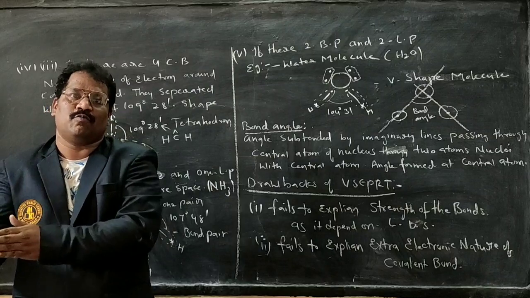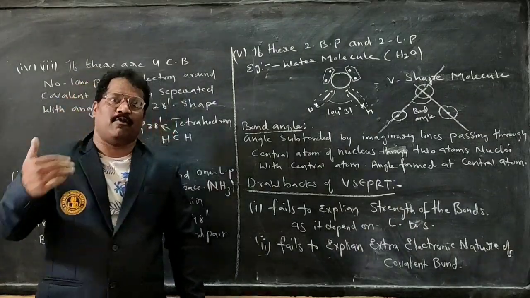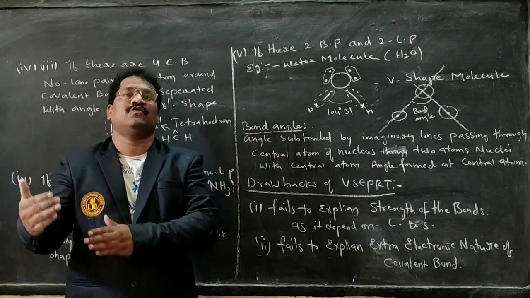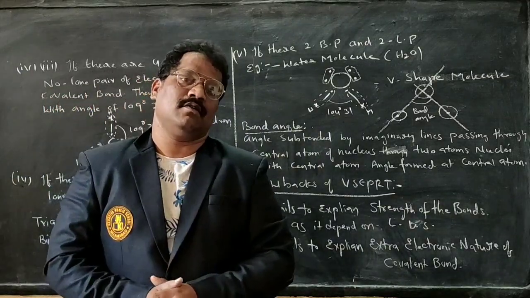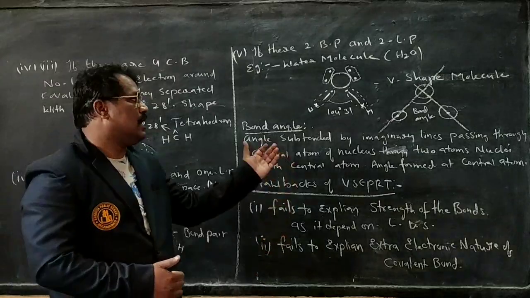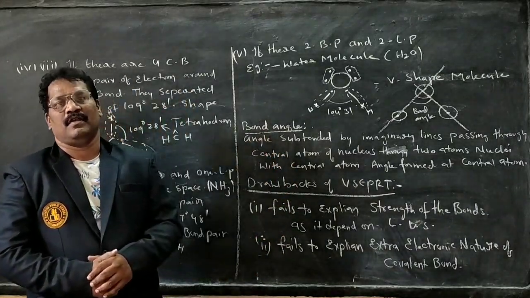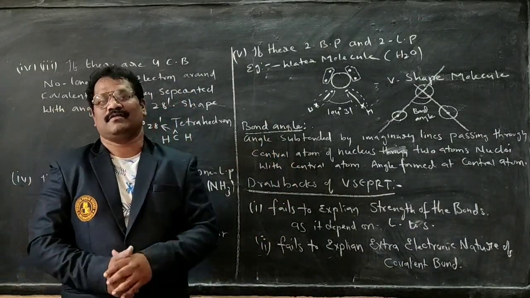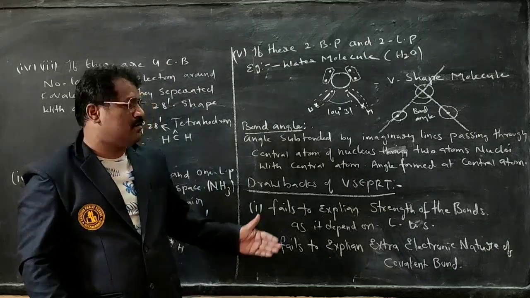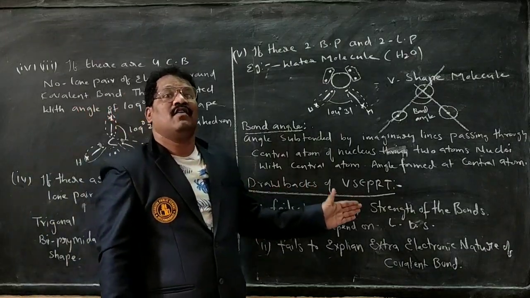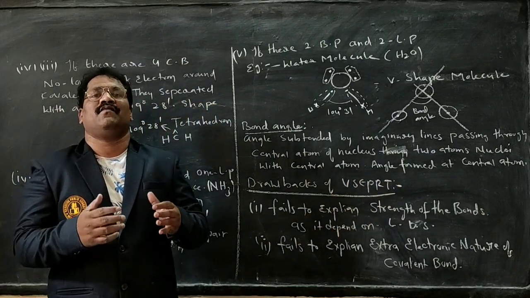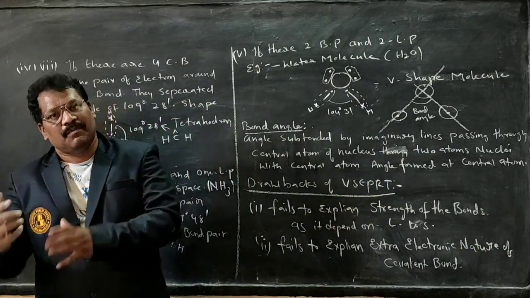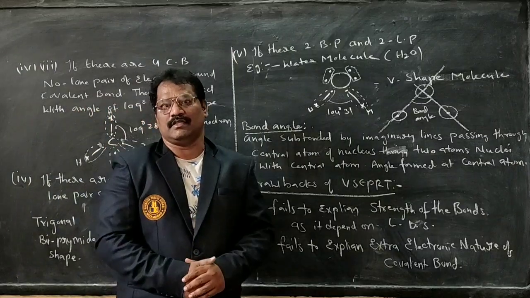Those 5 points he can ask individually. And the next one is the bond angle definition. Directly he may ask for 1 mark. And for 2 marks, one more thing is the drawbacks of VSEPR theory. What are the drawbacks of valency shell electron pair repulsion theory? You can be asked a 2 marks question.